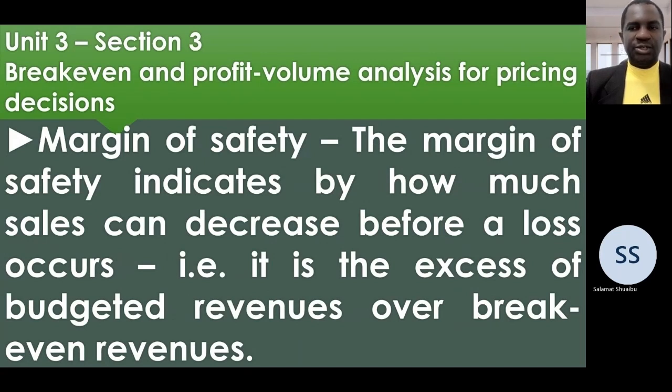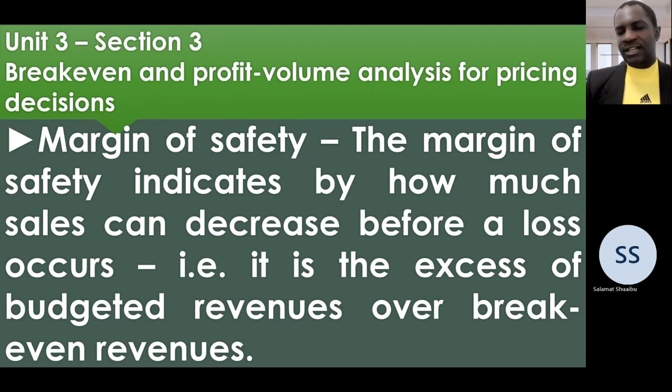Now for margin of safety, which you talked about and just remembered humorously, it indicates how much sales can decrease before a loss occurs. So margin of safety means the safety or threshold level where your sales can deplete and a loss can occur.